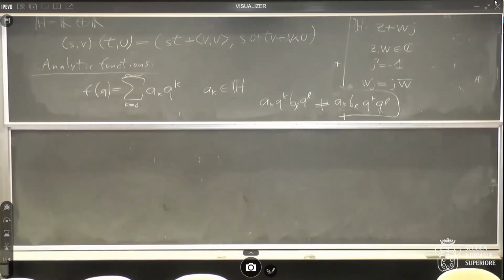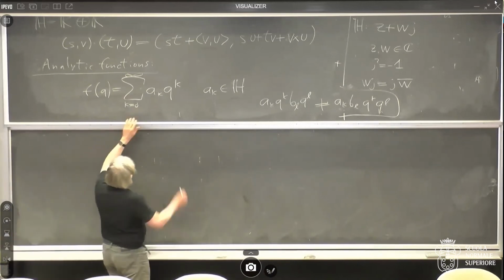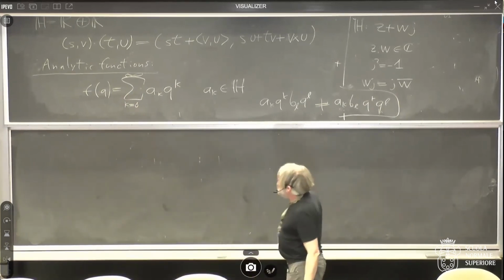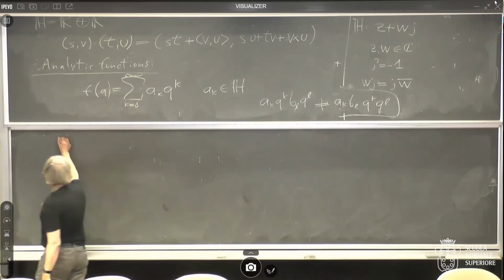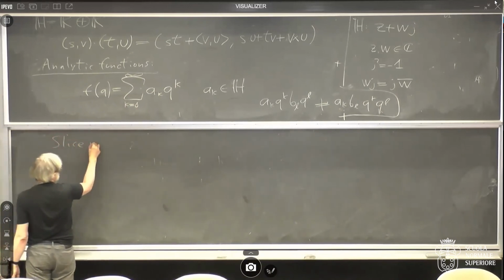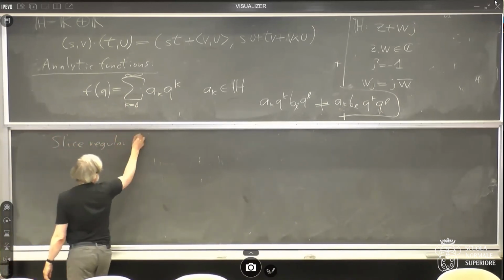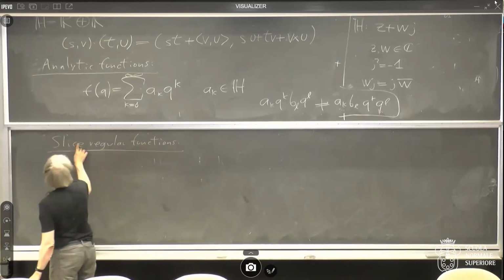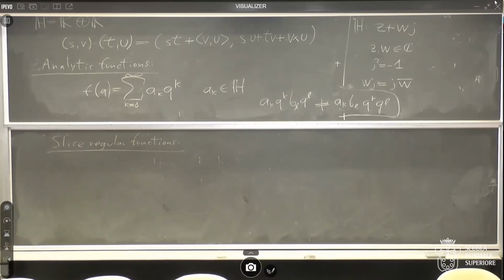And maybe I should now mention that this builds up the theory of the so-called slice regular functions, which, if you regard the functions on the whole of the quaternion numbers, are the same, but they are defined in a different way.